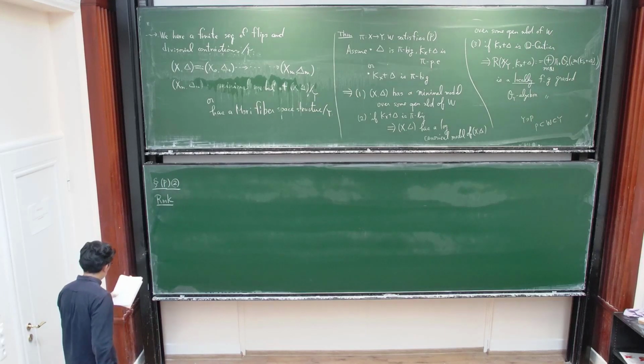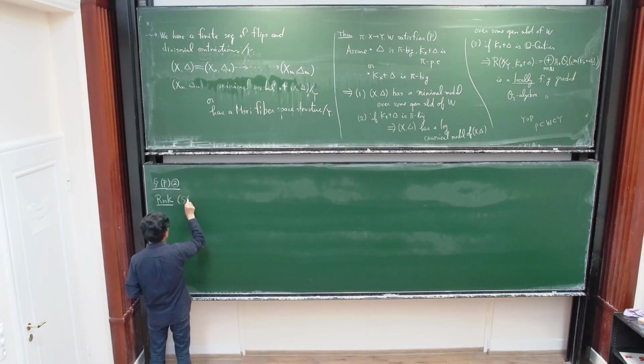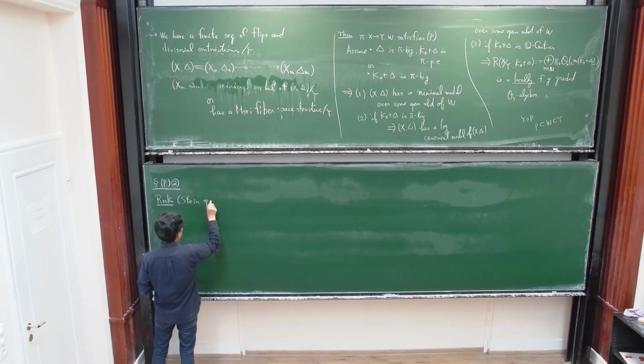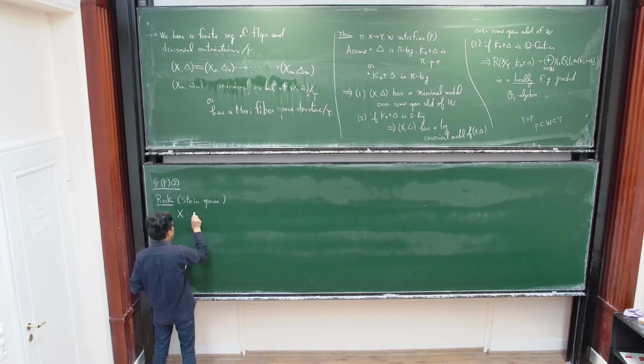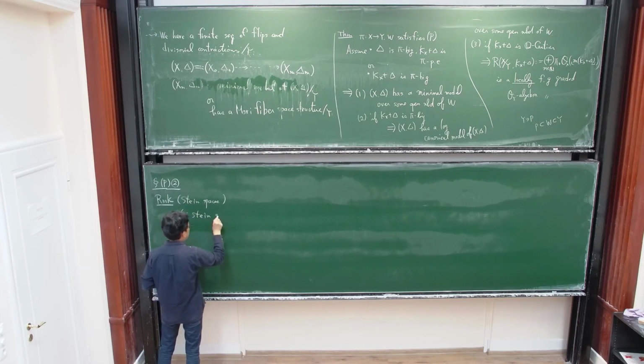First I make a small remark on Stein spaces. A complex analytic space X is a Stein space.